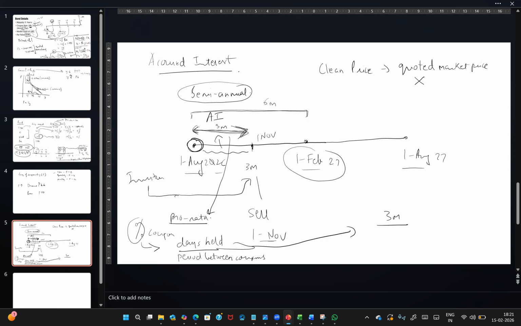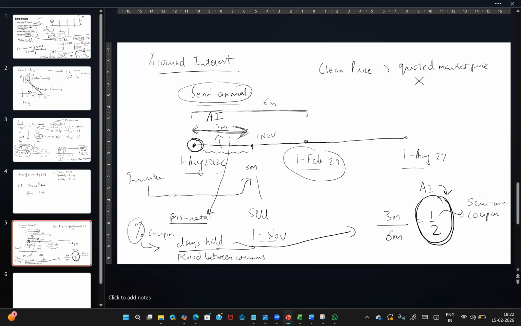That's my days held. But the period between coupons is 6 months. It's a semi-annual coupon. So I should ideally get half, 50% of the semi-annual coupon. This, into the semi-annual coupon, is going to fetch me my accrued interest.